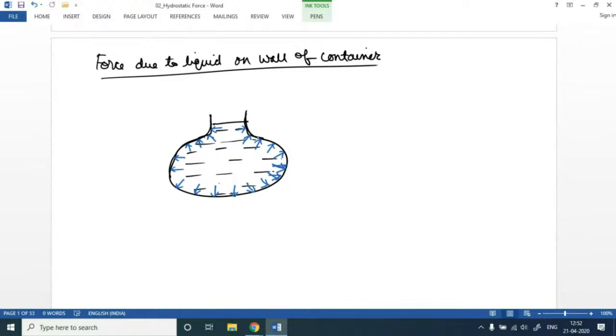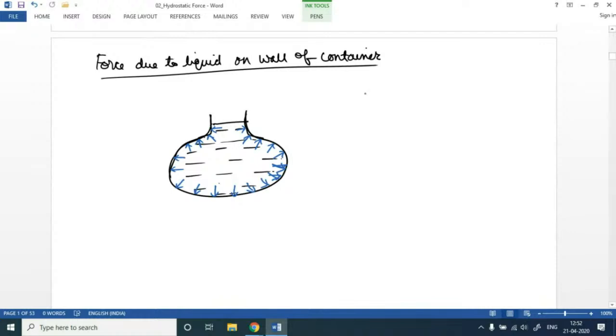Considering horizontal equilibrium, horizontally only the container is applying a force on that liquid, so the net force applied by the container horizontally on the liquid is equal to 0. So the net force applied by the liquid on the container along horizontal will also be 0.